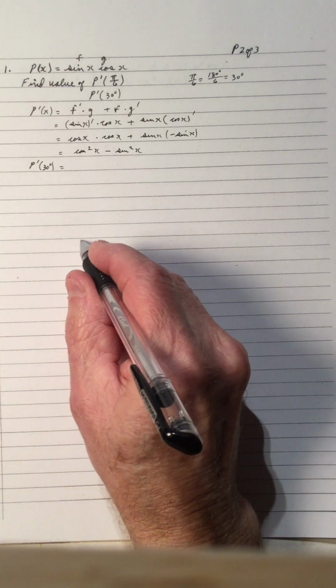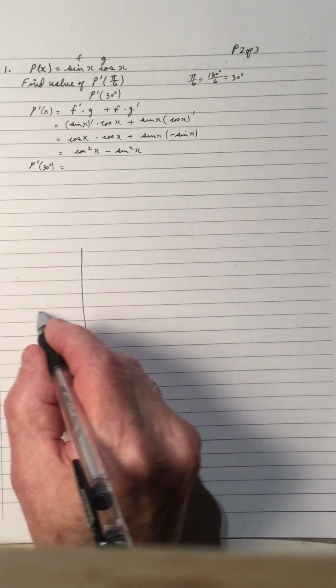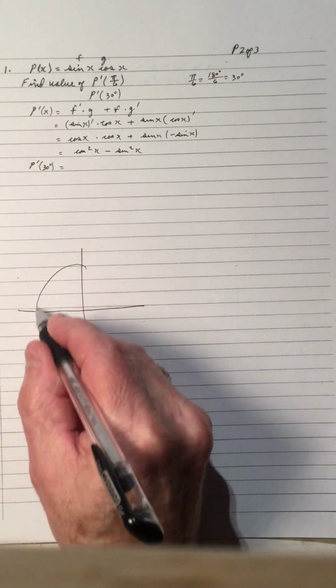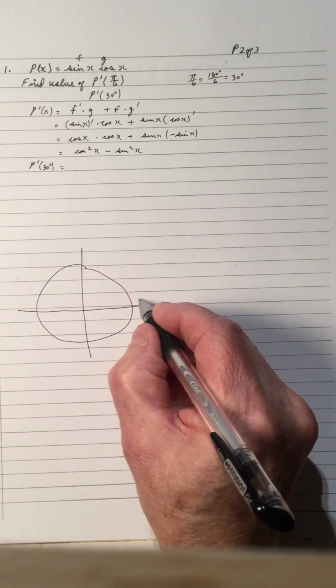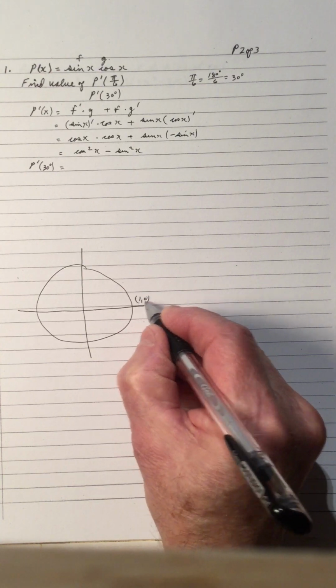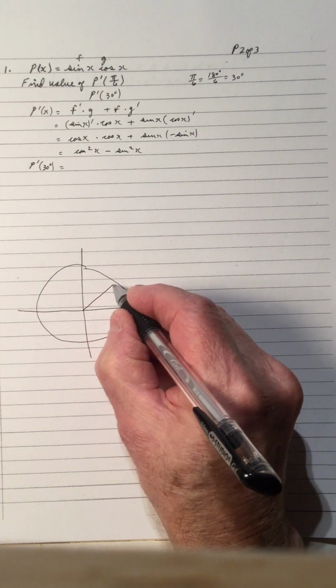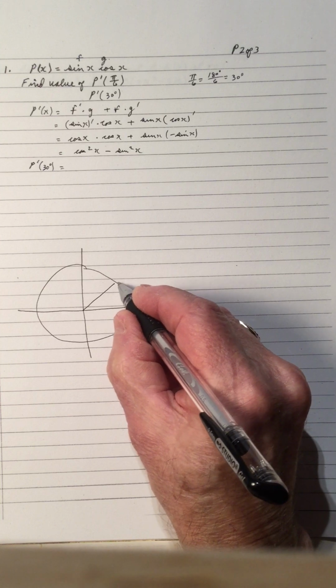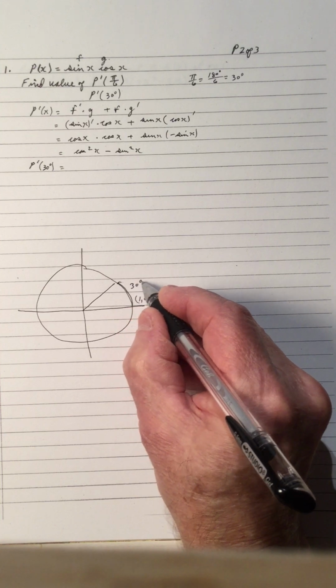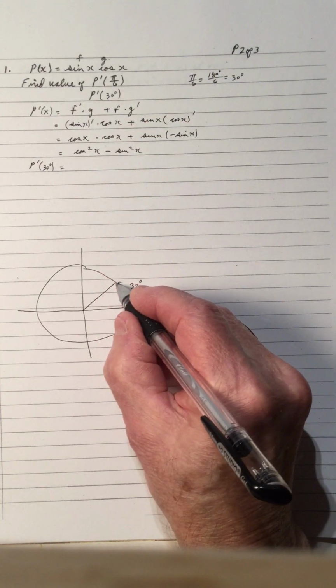So if we want to find the sine of 30 degrees, let's draw the unit circle with a radius of 1, and we do a rotation up of 30 degrees, which is equivalent to pi over 6.